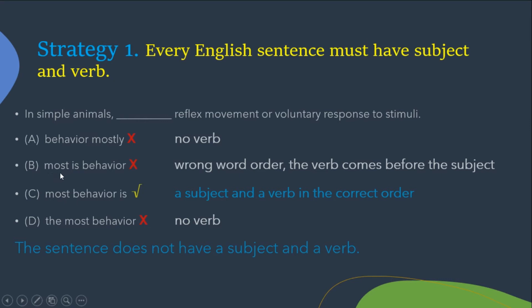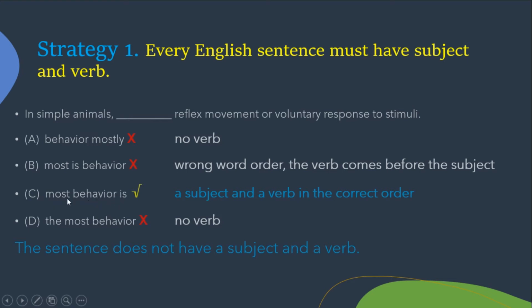Sentence B, there is a subject, behavior, and also there is a verb, but the verb comes before the subject, so it is in the wrong order, because the verb must come after the subject, or the subject comes before the verb. And then option C, most behavior is.